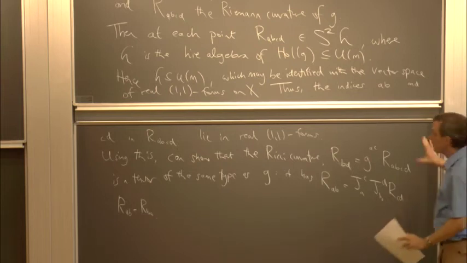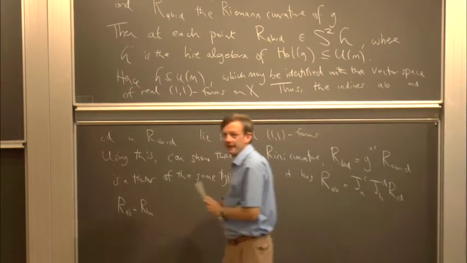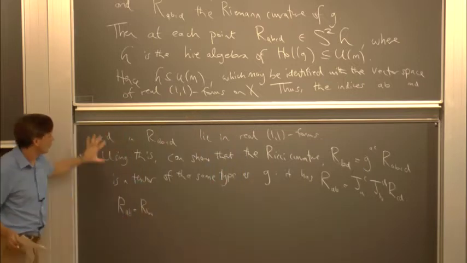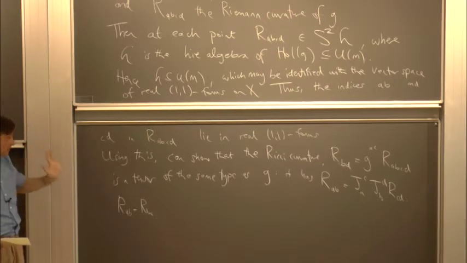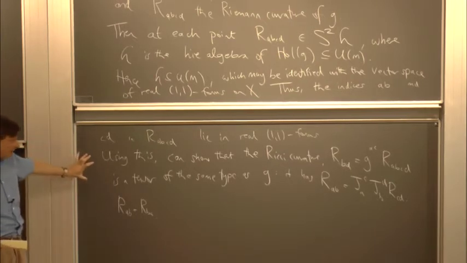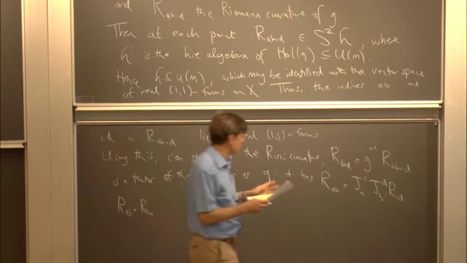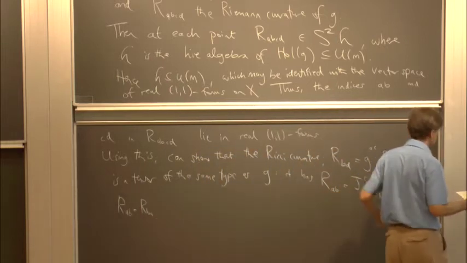Okay, now for the metrics of Hermitian type, we could turn the metric into a 2-form using J. We can do exactly the same thing for the Ricci metric. So the Ricci curvature, we can turn it into a 2-form.